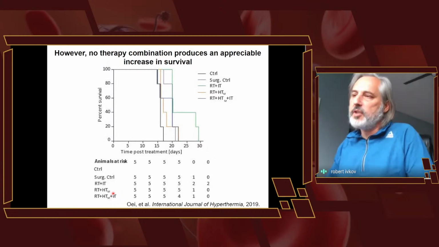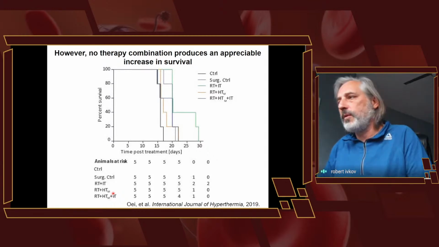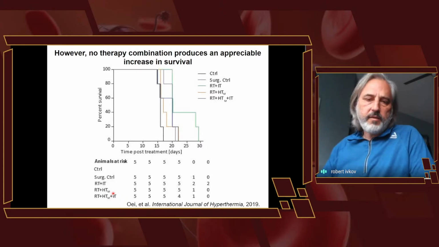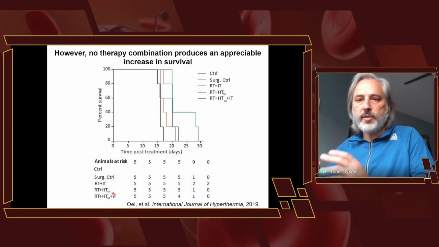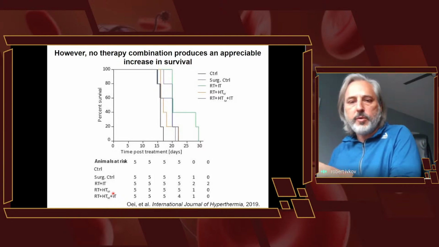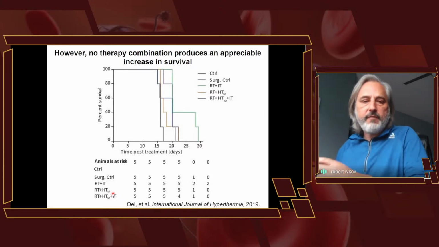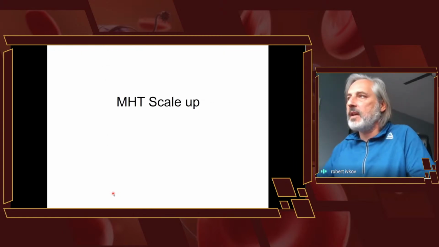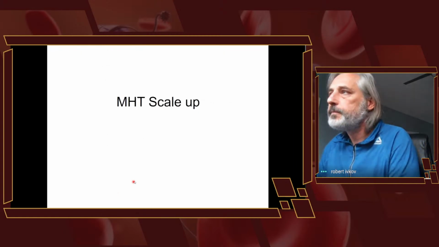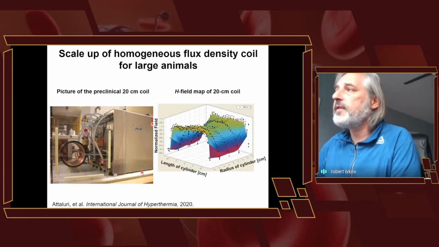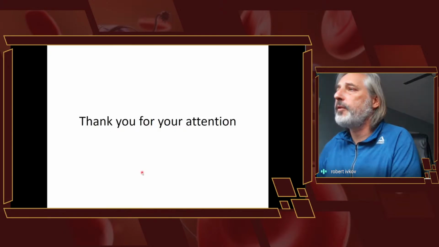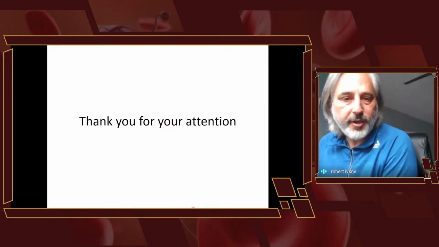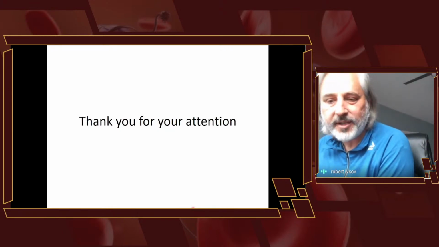Even with directly injecting the nanoparticles into the tumors, we need to find ways to get much better control of the energy deposition and its distribution within the tumor, so that we can perform our treatments to a plan, and then have thermometry measurements that can give us the assurance of our treatment to that plan. And with that, that's my summary and my conclusions.